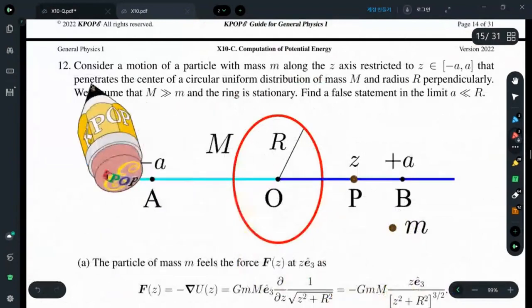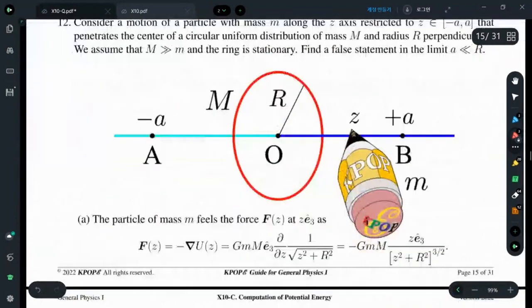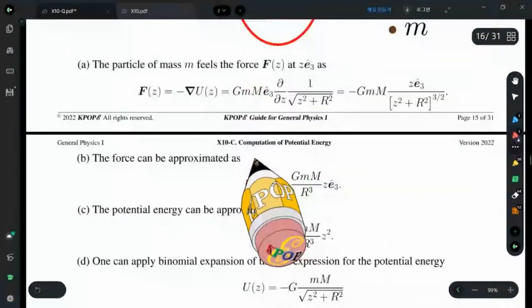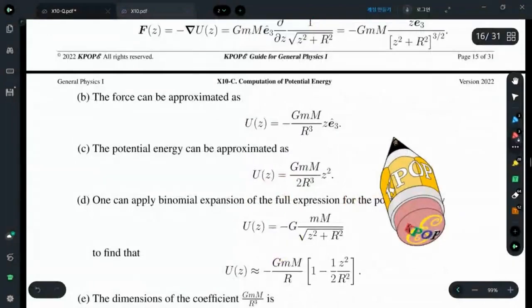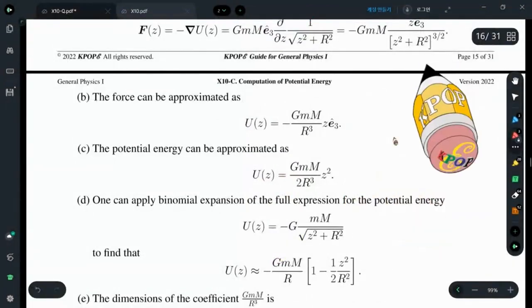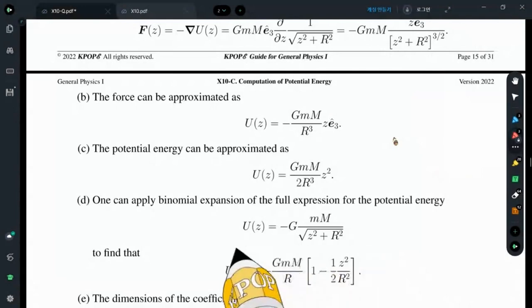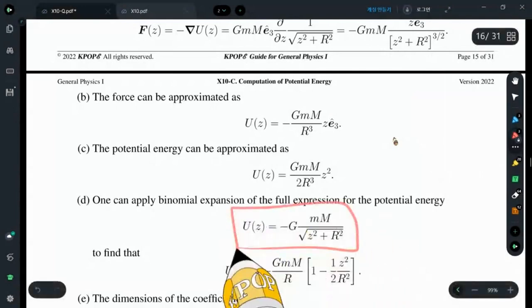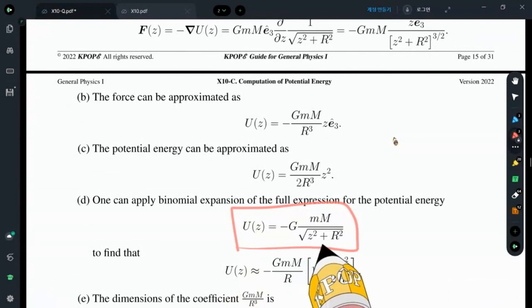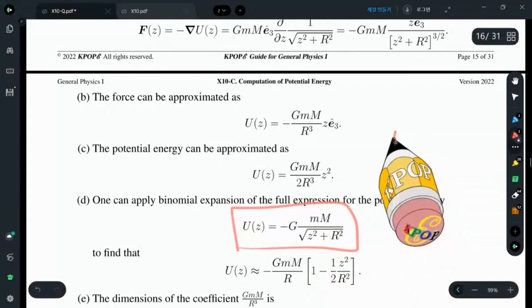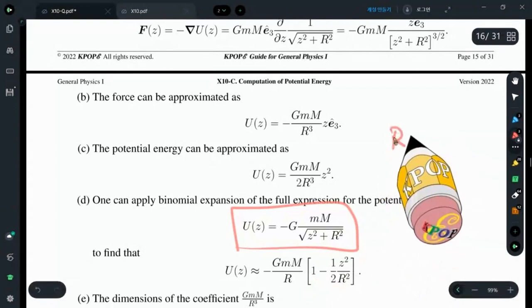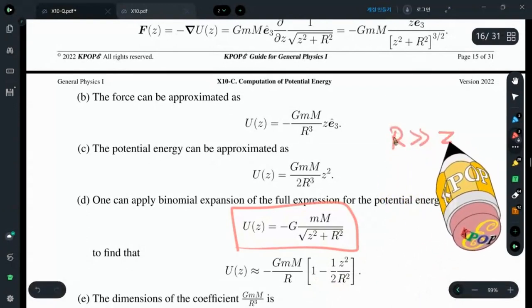Next, what we can compute is, this is identical, but let us look at the final result in here. This is the potential energy previously obtained. Why don't we take expansion when r is much greater than z?